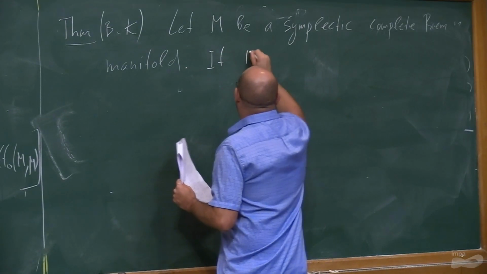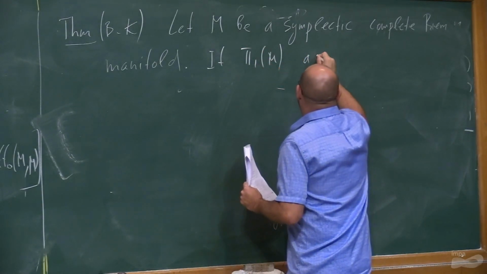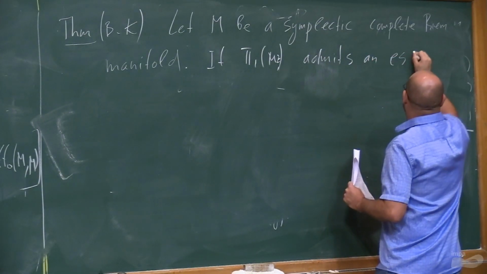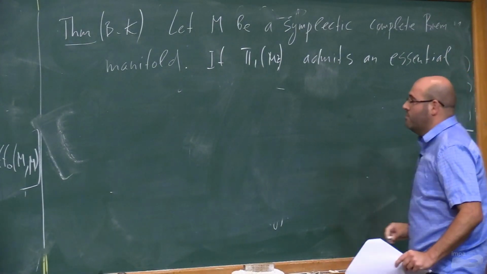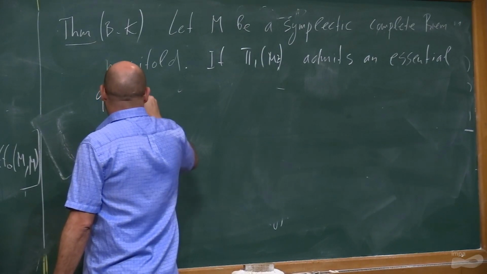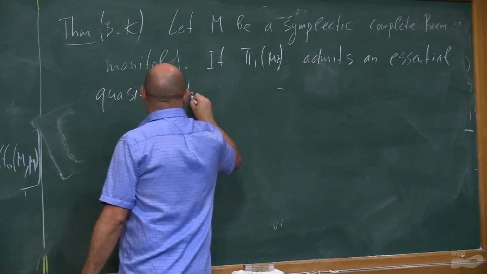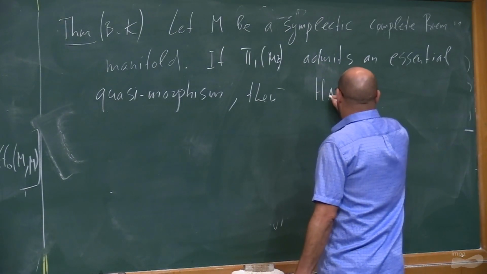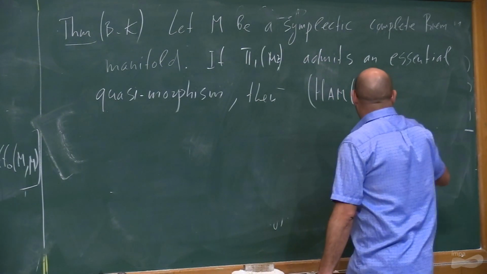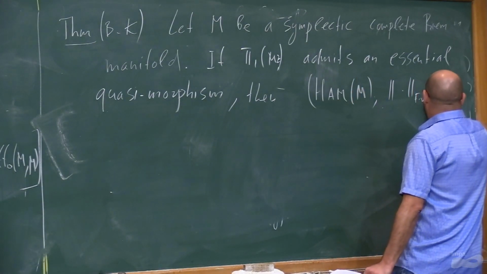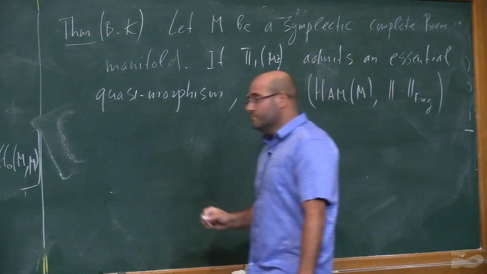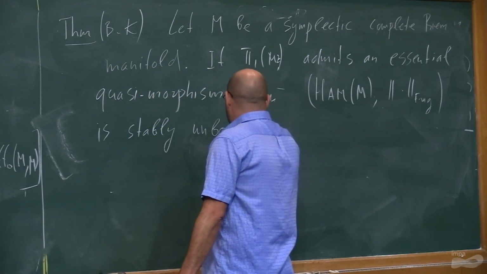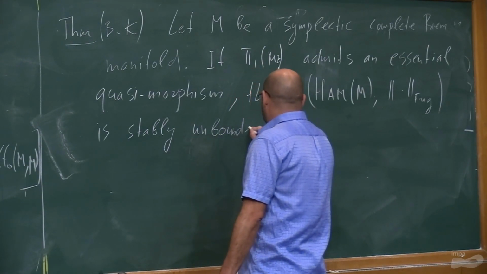So if phi 1 of M admits an essential quasimorphism, then let's say Ham M equipped with the fragmentation norm, frag, is stably unbounded. That one. Okay.